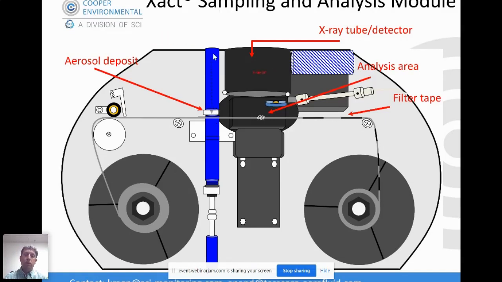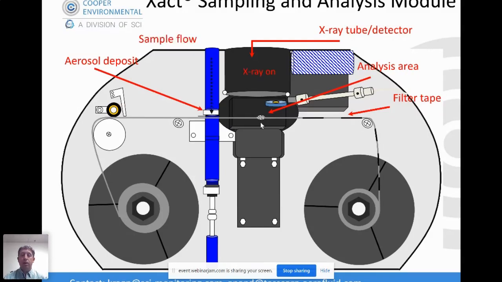The air is sampled through there. The particulate matter that is entrained in the air gets captured on the filter tape. The rest of the air gets passed through and is measured and totalized. And then after the sampling period is complete, the tape is advanced over here into the analysis area where the PM that's been deposited on the filter tape is analyzed by X-ray fluorescence for metals content while the next sample is being collected.